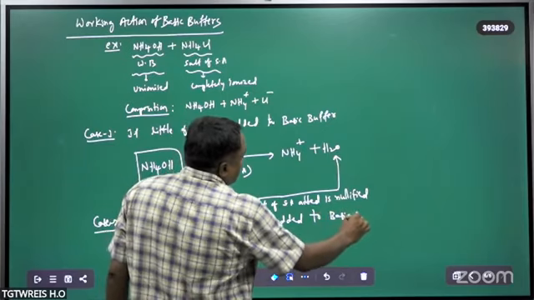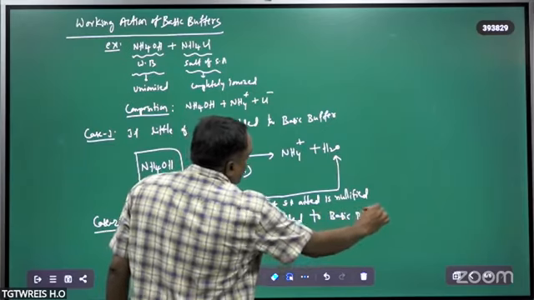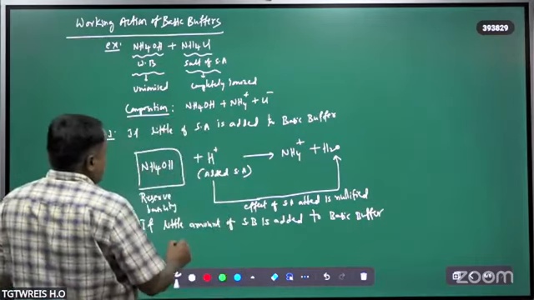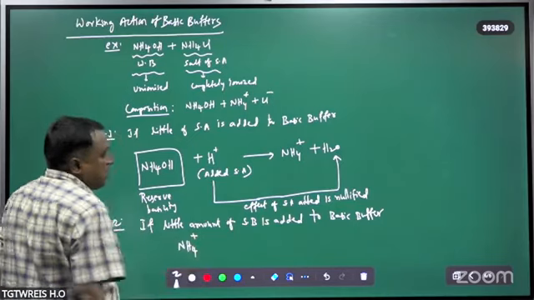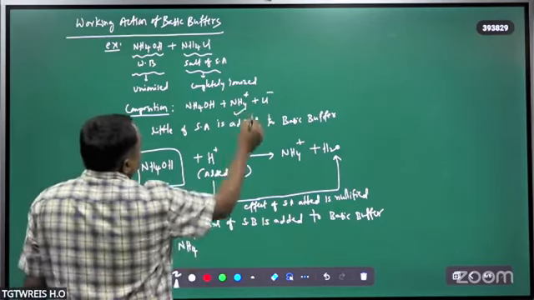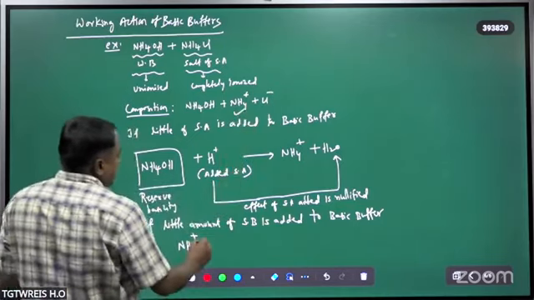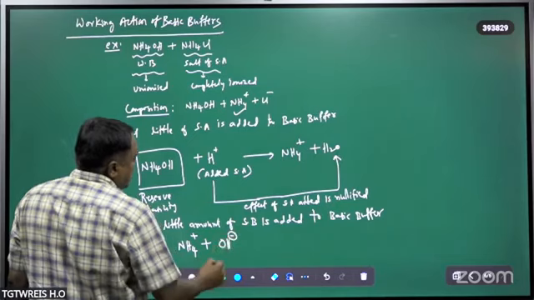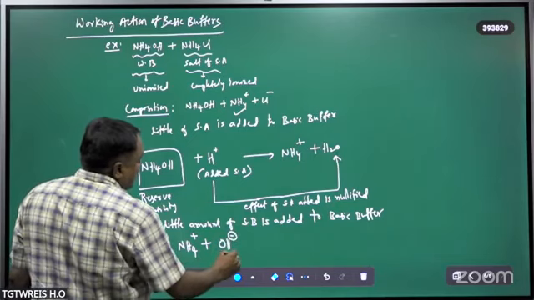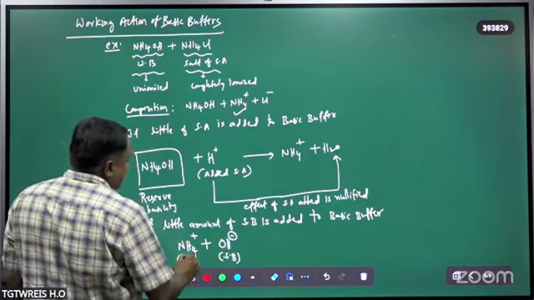Suppose in the buffer solution we already have NH4 plus, and to this NH4 plus we are adding strong base. Strong base means OH minus. This is the strong base, and this is the strong acid.